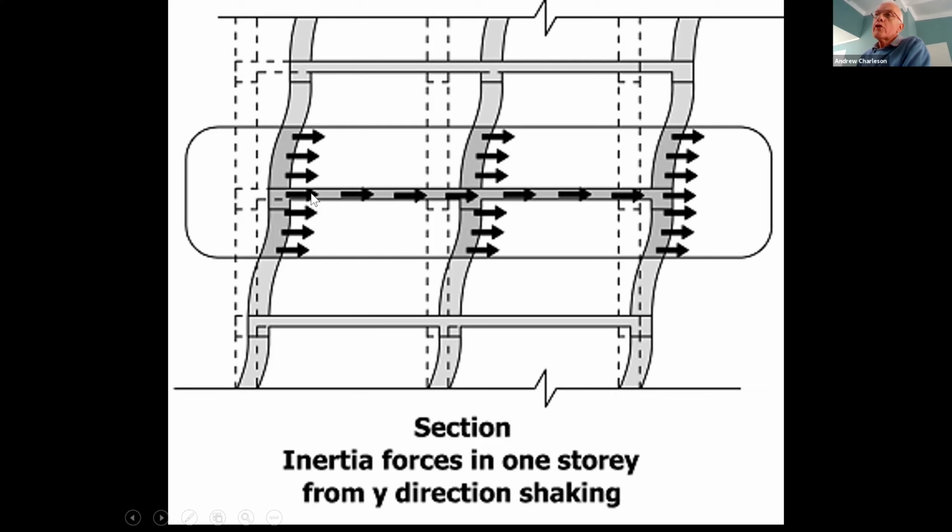Now, most of the inertia forces occur within the floor slabs because they are relatively very heavy. However, there will be other inertia forces from the weights of the columns and infill walls and partition walls, etc. And so in an earthquake, all these forces are acting like this on this story.